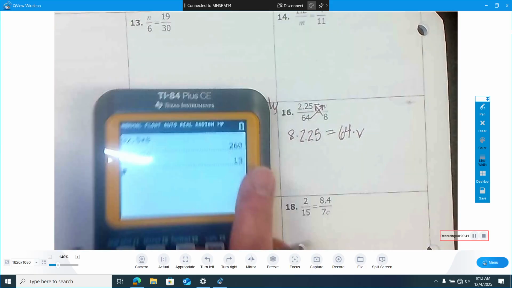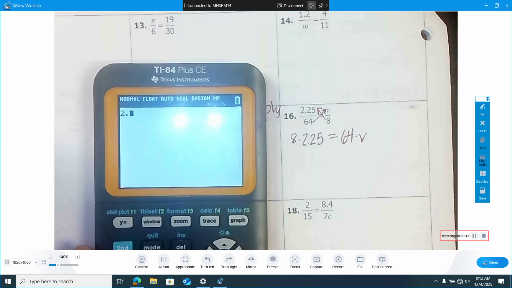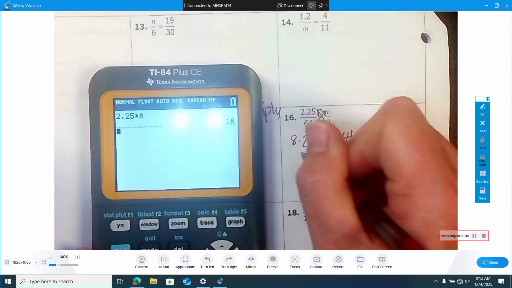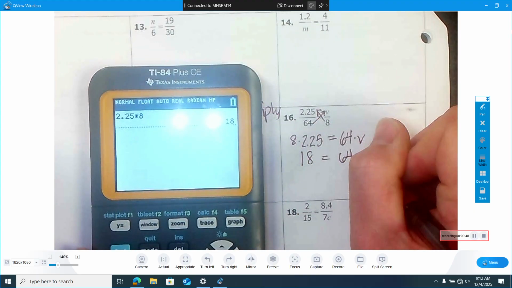All right. I don't know what 2.25 times 8 is. Use my calculator. It's 18 equals 64V.